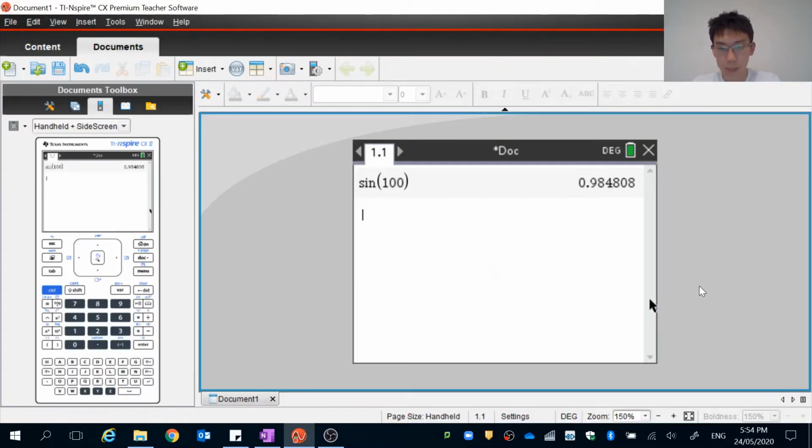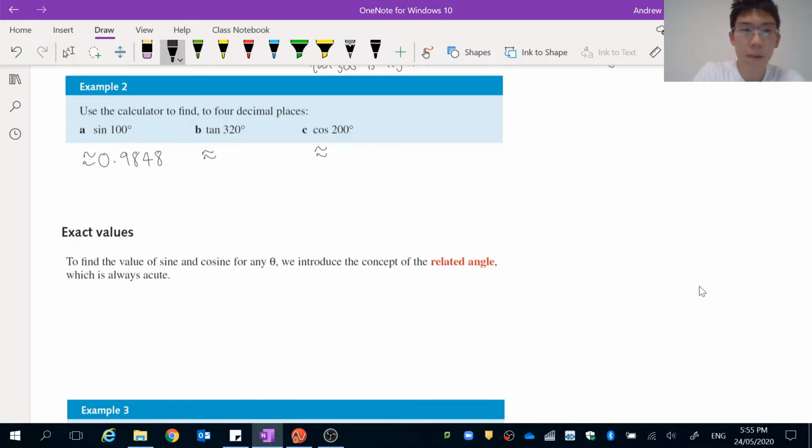So tan 320 is negative 0.8391. Just quickly, sine 100 degrees is in the second quadrant, and sine is positive in the second quadrant, so that's why the answer is positive. Now for B, tan 320 degrees is in the fourth quadrant, and that's where tan is negative, so that's why the answer here is negative.